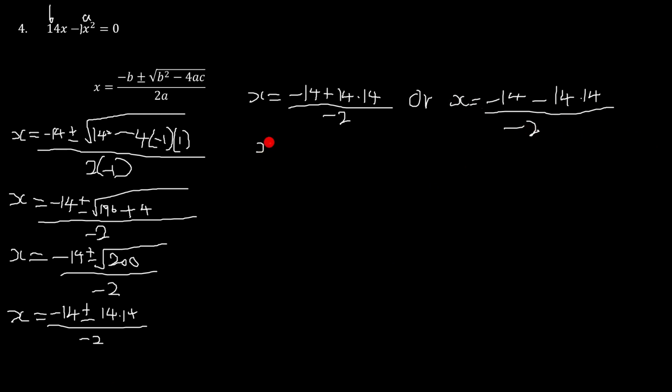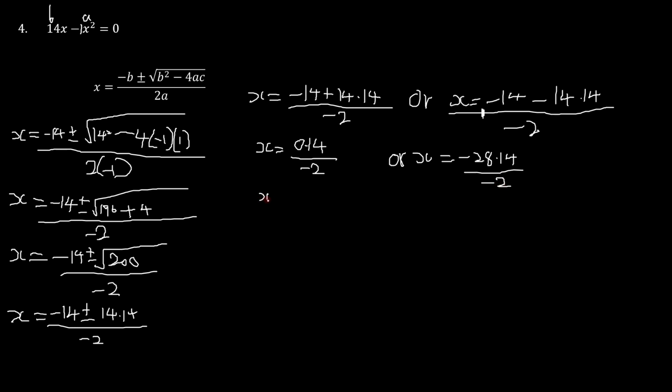So x is equal to minus 14 plus 14, that will be 0.14, all over minus 2, and or x is equal to minus 14 minus 14.14, minus 28.14, all over minus 2.